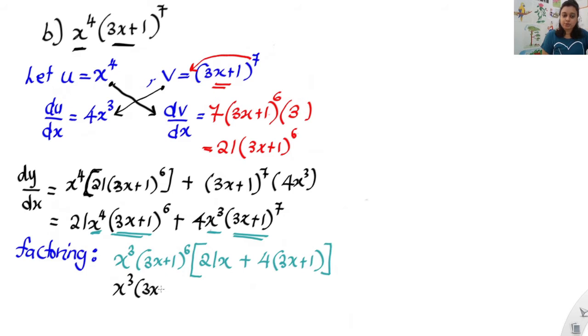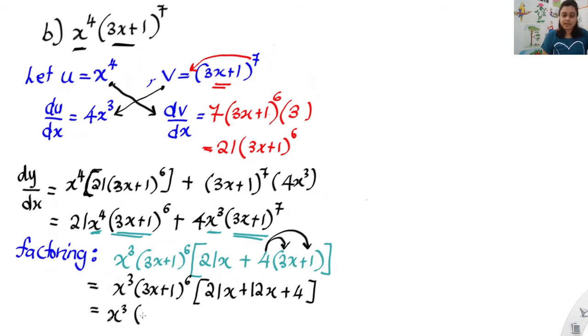Now you just need to do the last part, which is solve inside the big bracket. So this is 21x. Here you multiply in, you will get 12x, plus 4 times 1 is 4. Once done, write your final answer: x power of 3, 3x plus 1 power of 6. Inside here 21 plus 12 is 33x plus 4.